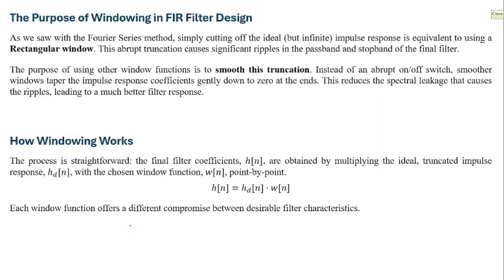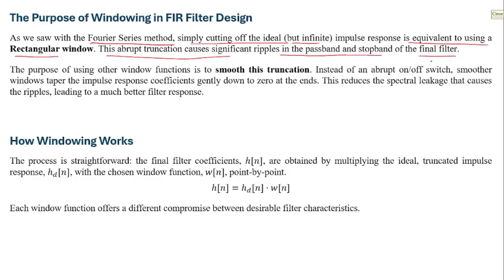So, the purpose of windowing. As we saw with the Fourier series method, simply cutting off the ideal but infinite response is equivalent to using a rectangular window. This abrupt truncation causes significant ripples in the passband and the stopband of the final filter.